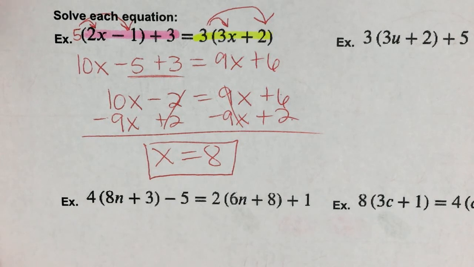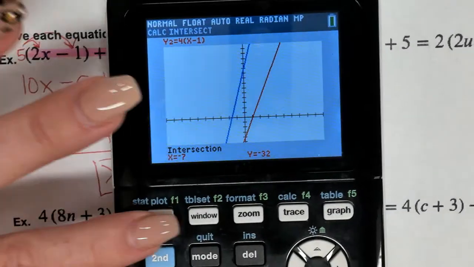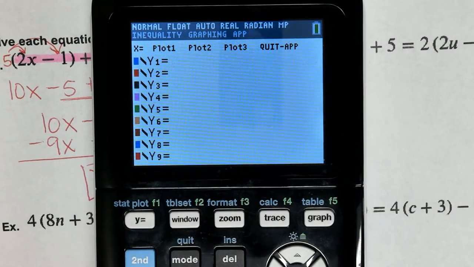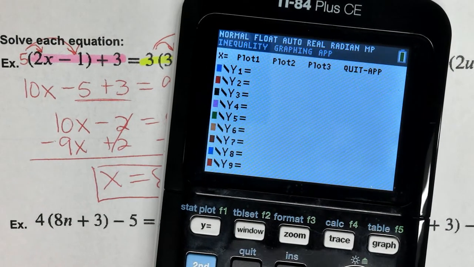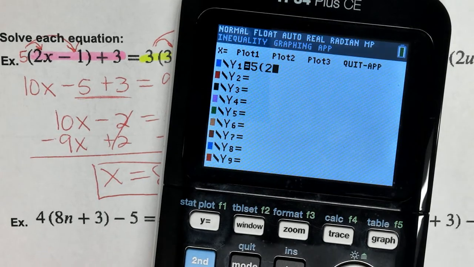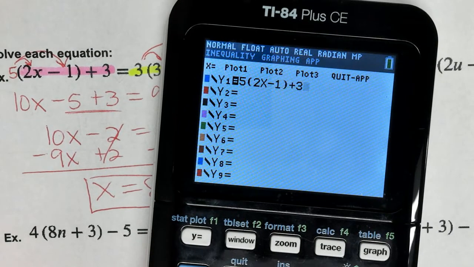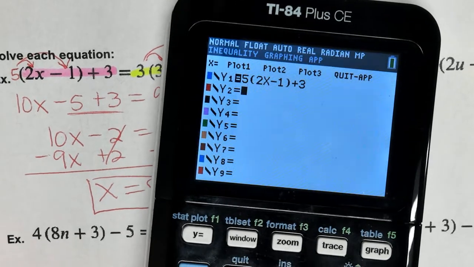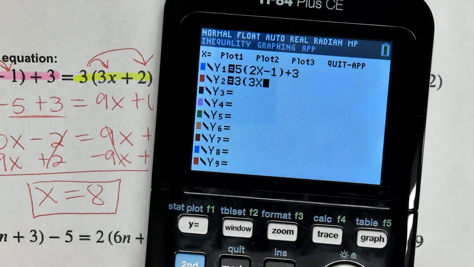Now let's go over how to do it in your calculator. Some people do because they're still missing them. Go to y equals. Clear everything out. Literally type it in exactly how you see it. So you would type 5, open parentheses, 2x minus 1, close parentheses, plus 3. Then tab down to y2 and put in the right side. 3, open parentheses, 3x plus 2.